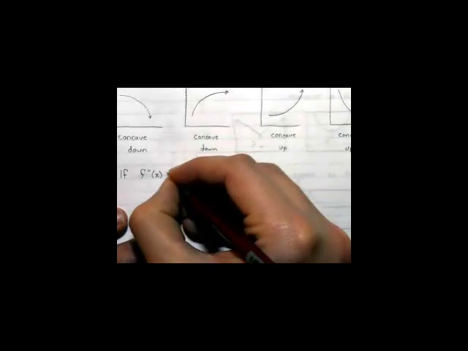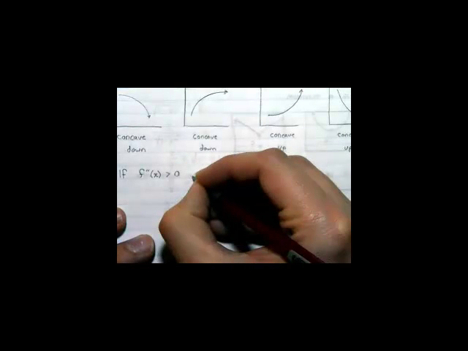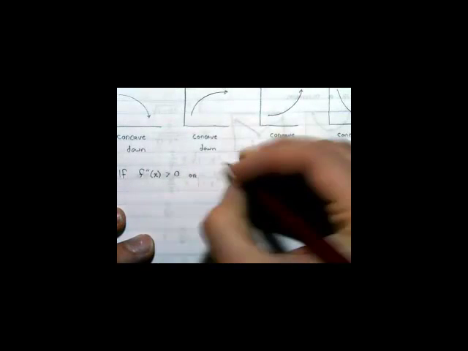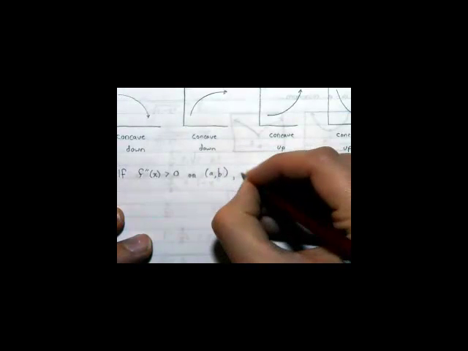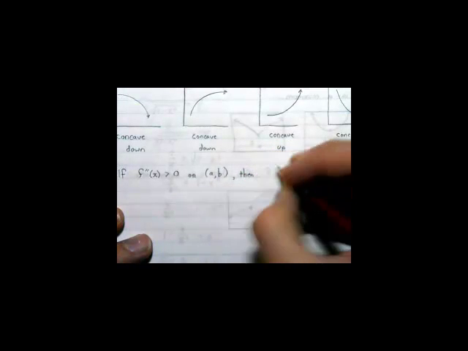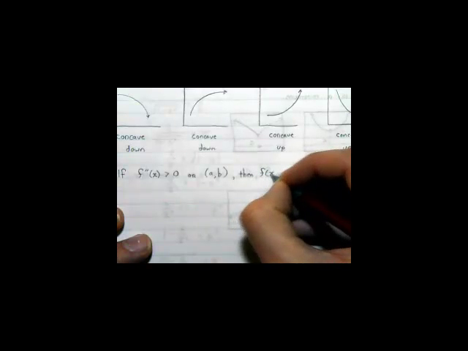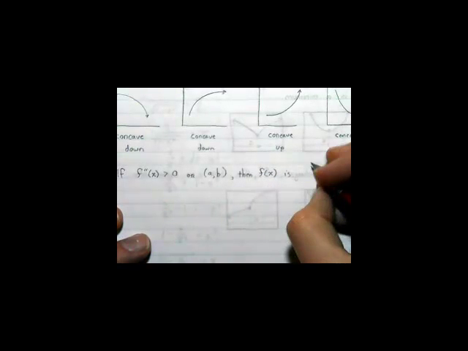So if f double prime of x is greater than 0 on some interval ab, then f of x is concave up on that interval ab.